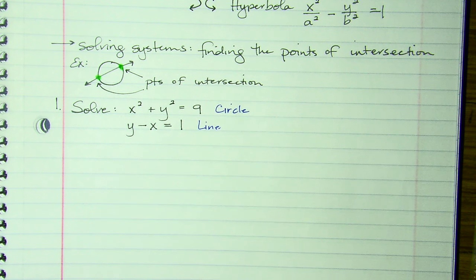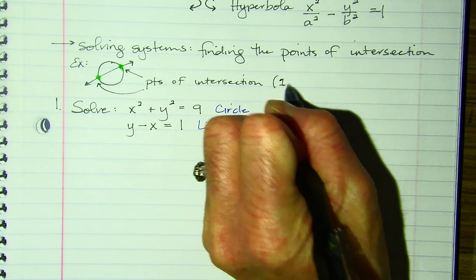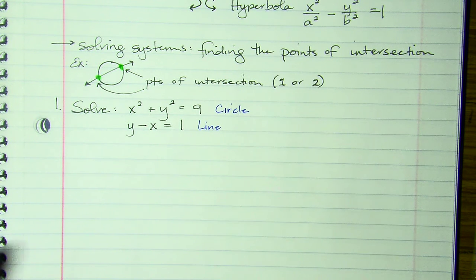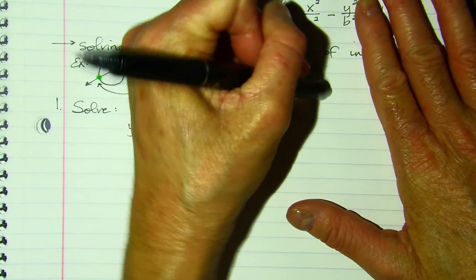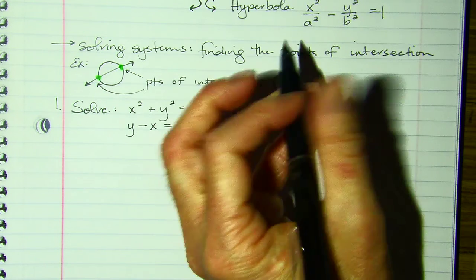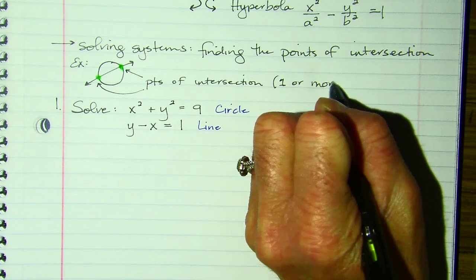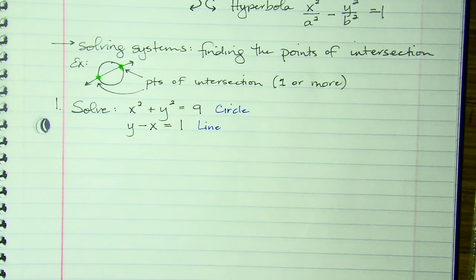So I'm looking at the place that this line intersects the circle, and I could have 1 or 2 points of intersection when it comes to that. I'm just going to put 1 or more because in a hyperbola you could have more than 2. So 1 or more, but it is possible to only have 1, and that would be the case that a line is tangent to a circle.